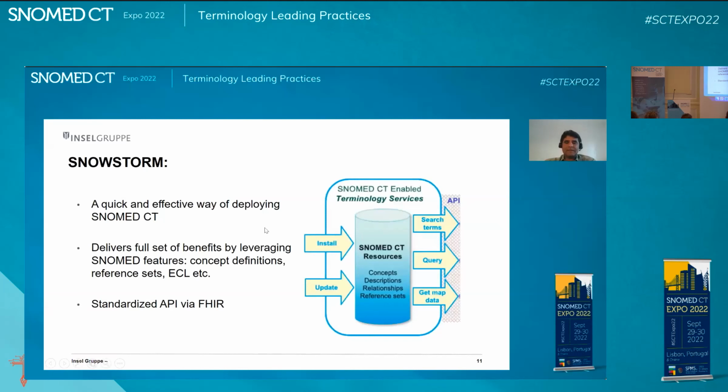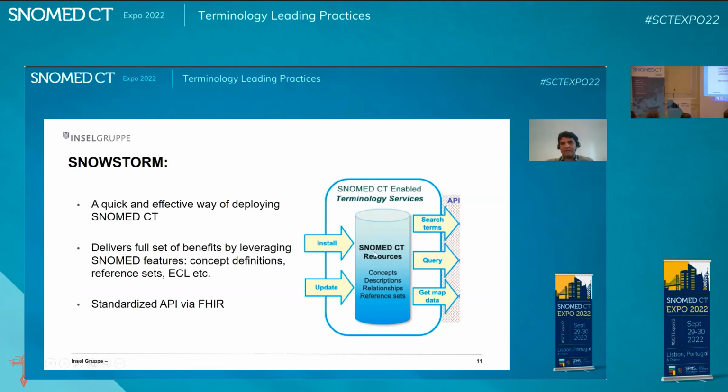Here is a broad sketch of the services available within a terminology server. You can see that it's a relatively effective way of deploying SNOMED CT.